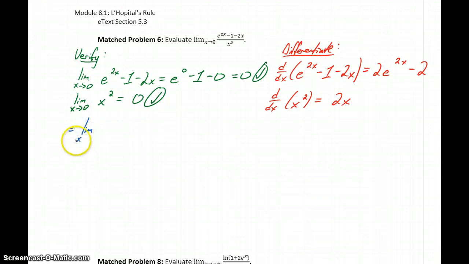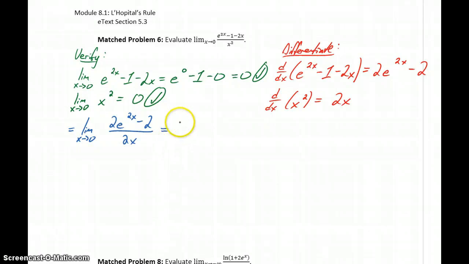So now our limit problem becomes the limit as x approaches 0 of 2e to the 2x minus 2 over 2x.